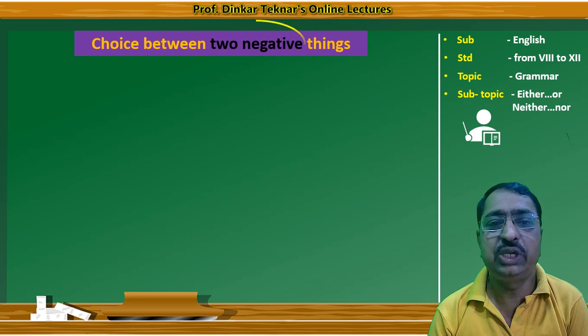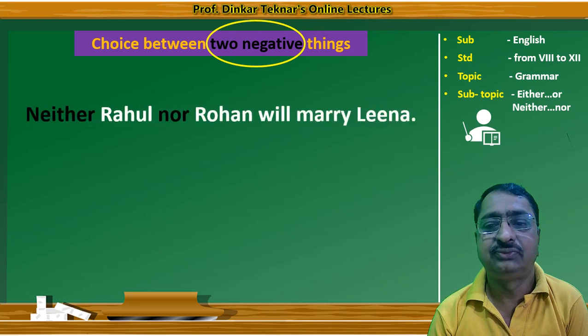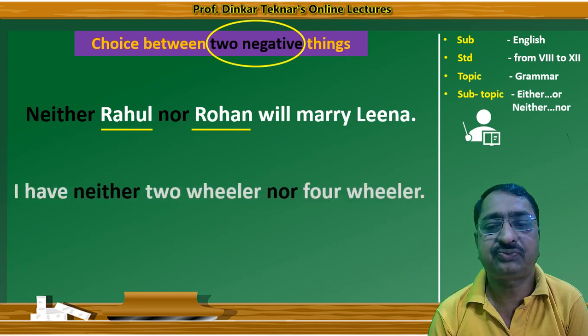Choice between two negative things is shown by neither...nor. Neither Rahul nor Rohan will marry Leena. Here Rahul and Rohan are two negative objects.